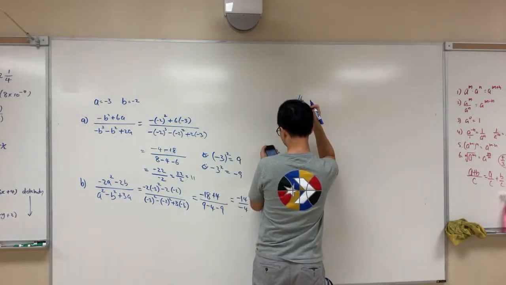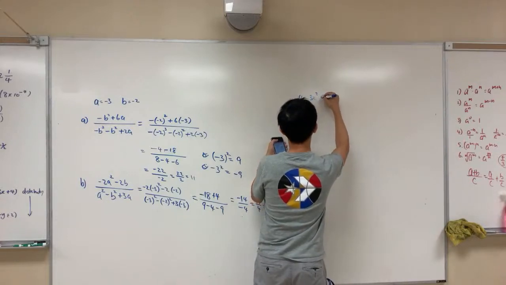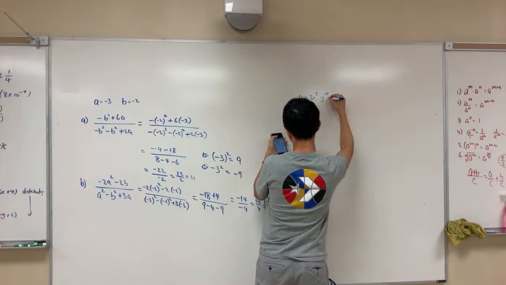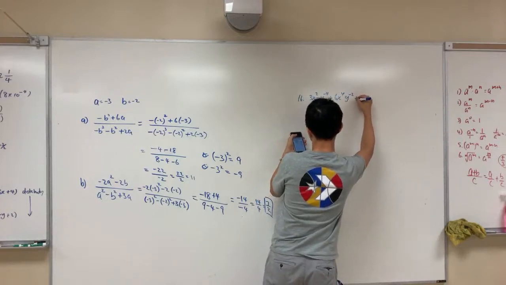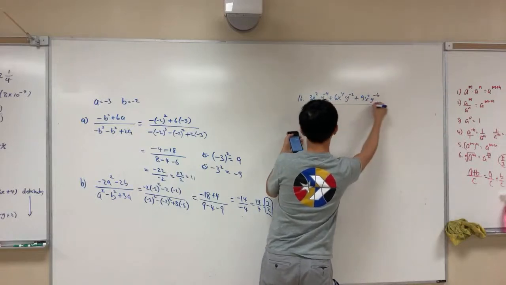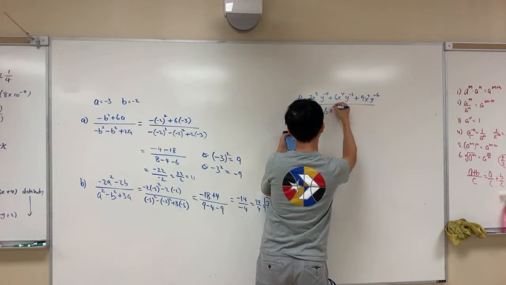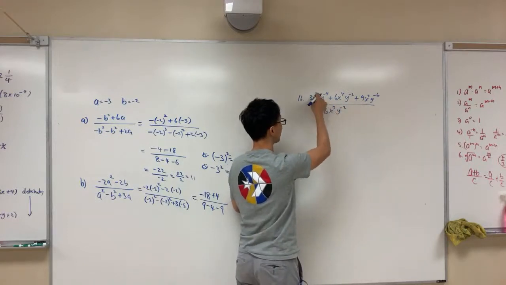Question 16. 3x squared y to the negative 4, plus 6x to the 4th y to the negative 2, plus 9x squared y to the negative 6, all over 6x cubed y to the negative 2. I see people just cancel this way. Don't do that.